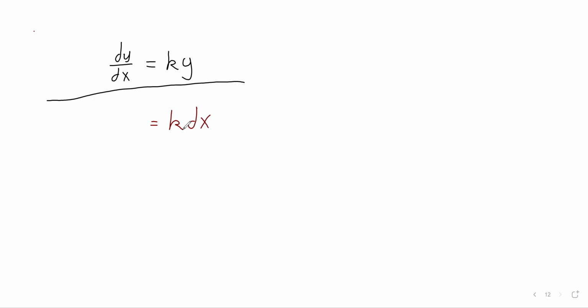Simple or not, I made a mistake. This dy is sticking around on the left. I hope it's not confusing, I'm doing two steps at once. I'm dividing the y over to the left, and I'm multiplying the dx over to the right.